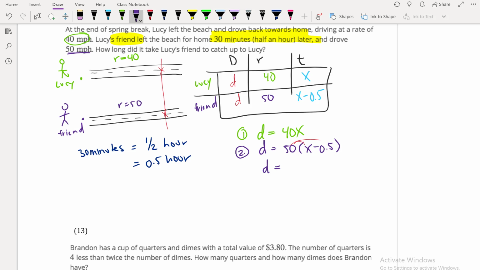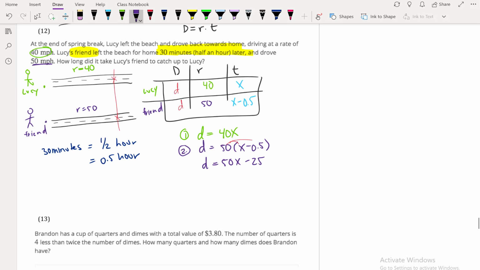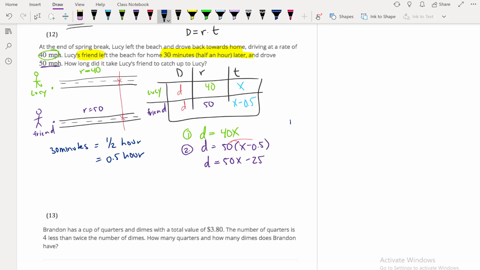So I get that distance is equal to 50x minus 25, since 0.5 times 50 is 25. So now I have my two distances, and I can set them equal to each other. So I have the distance of 40x, and it's going to be the same as my other distance.